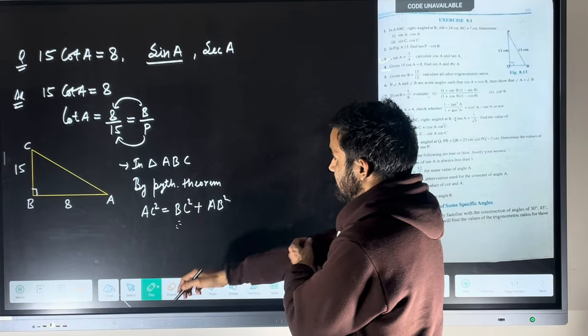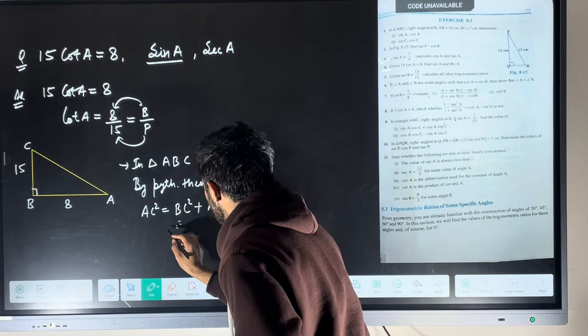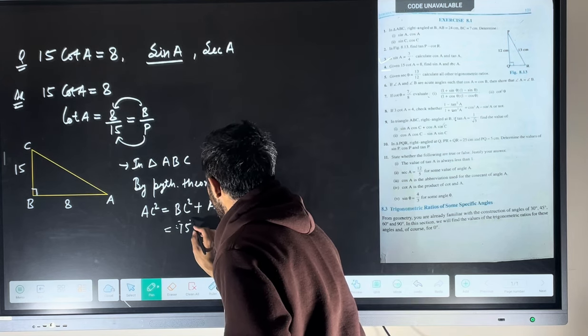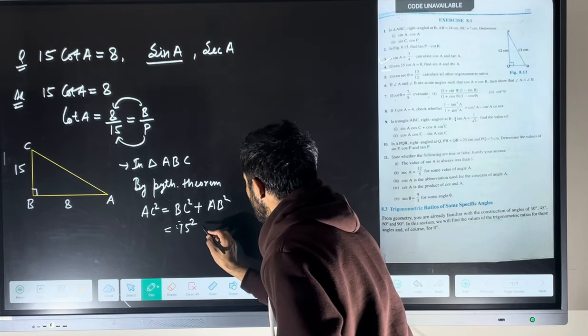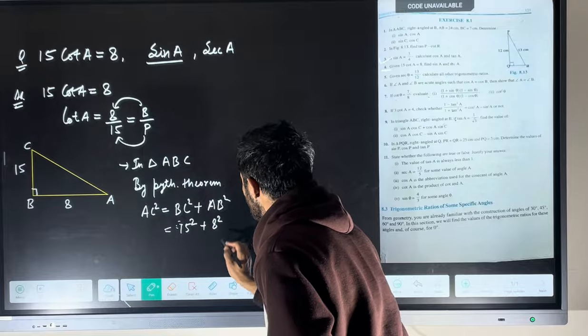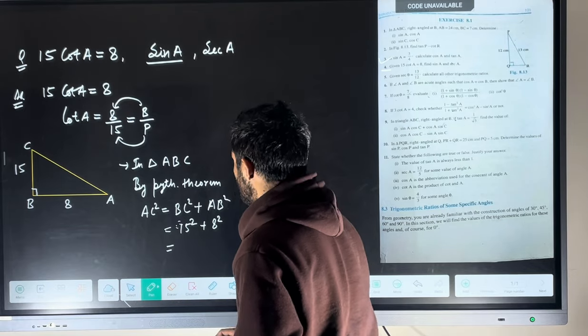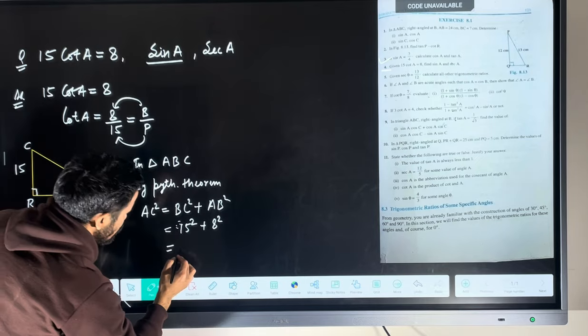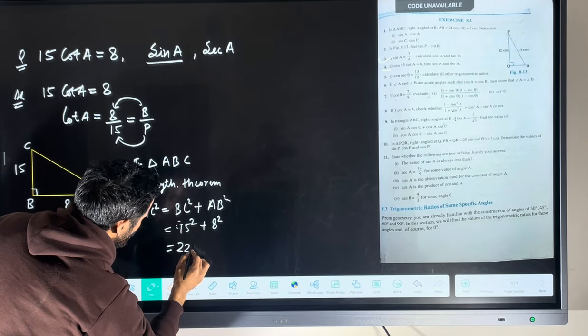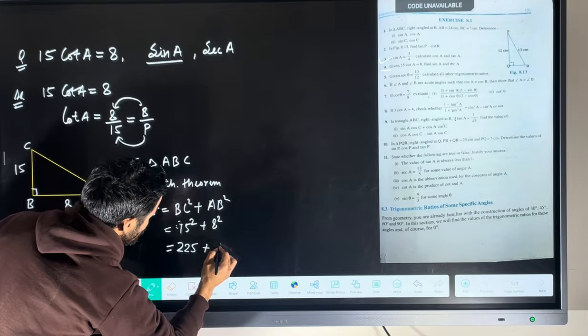BC is 15 square and AB is 8 square. 15 square is 225, and 8 square is 64.